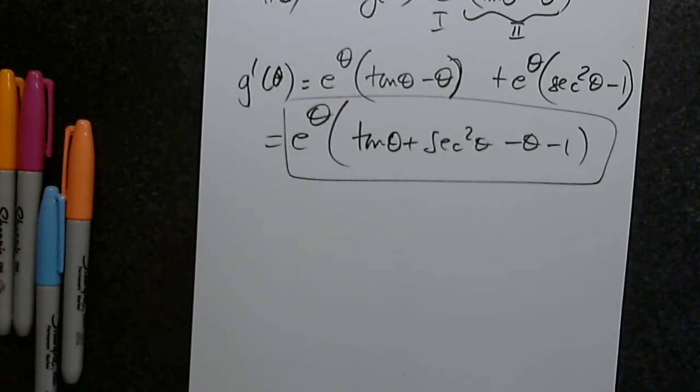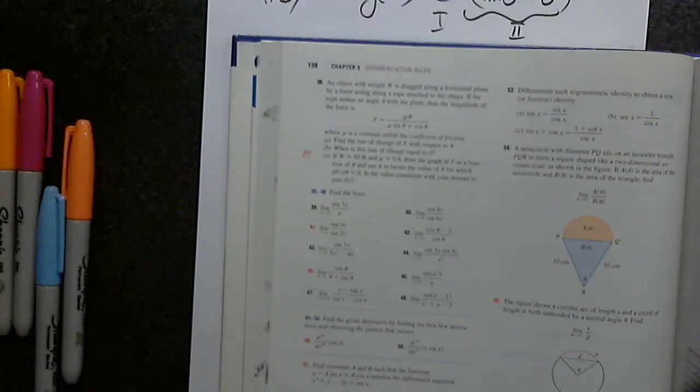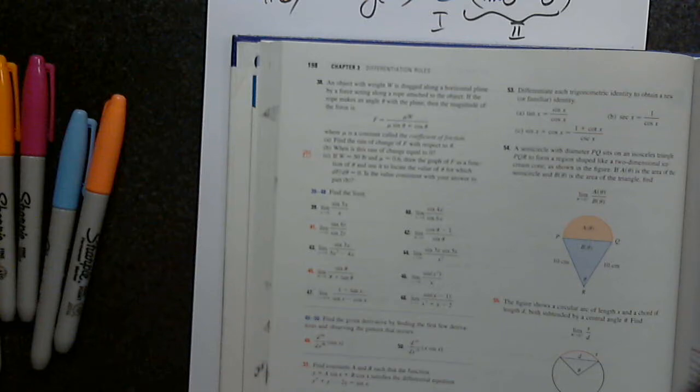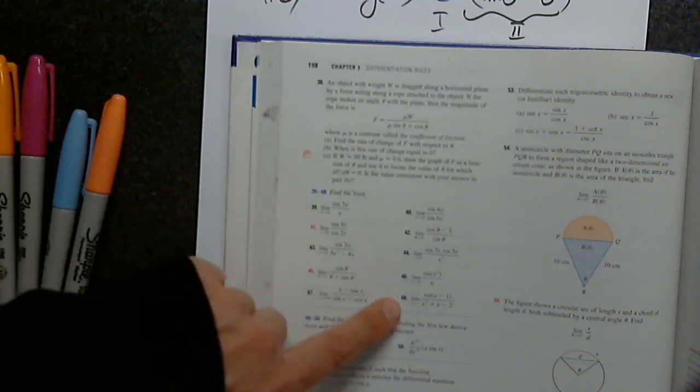Okay, so I'd like to look at a few limits with what we just discussed. And in certain situations, we will apply L'Hopital's rule. Now, please choose from 39 through 48.